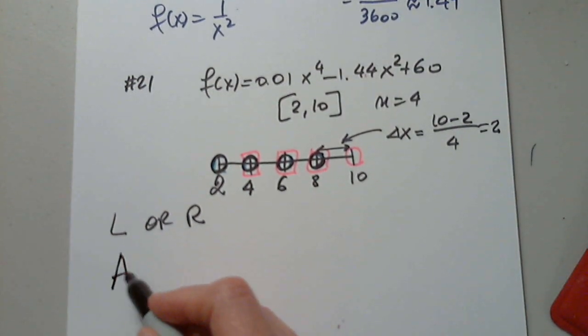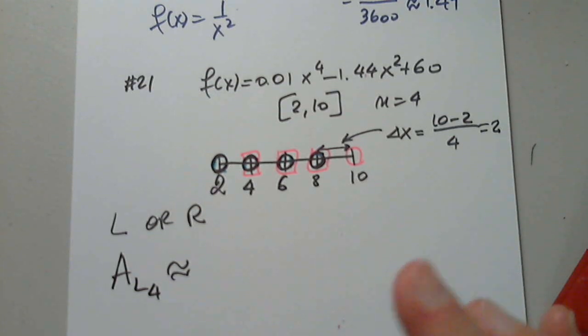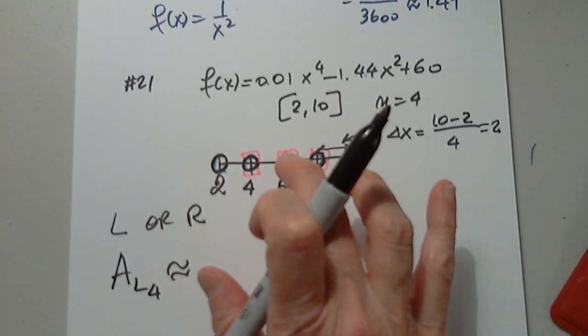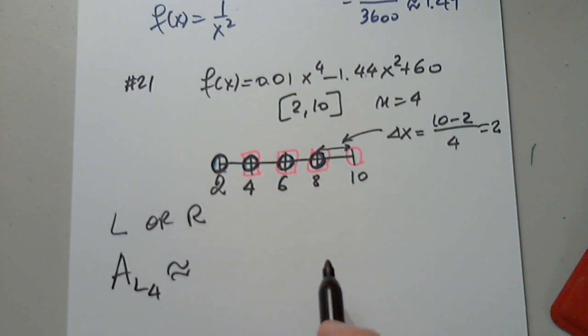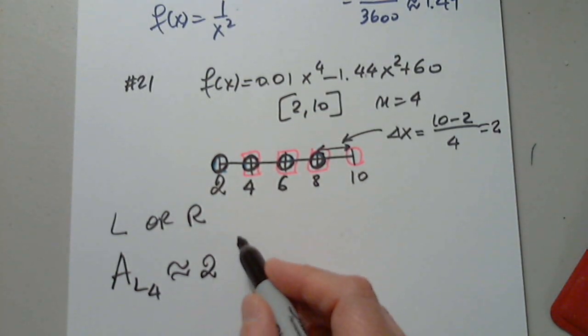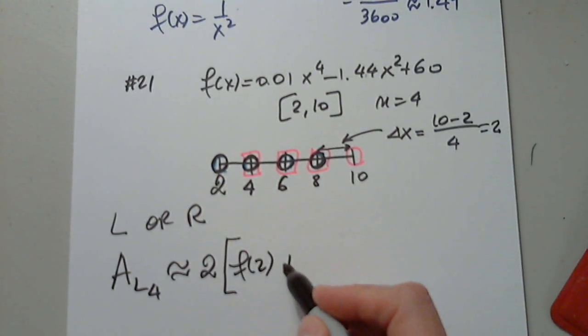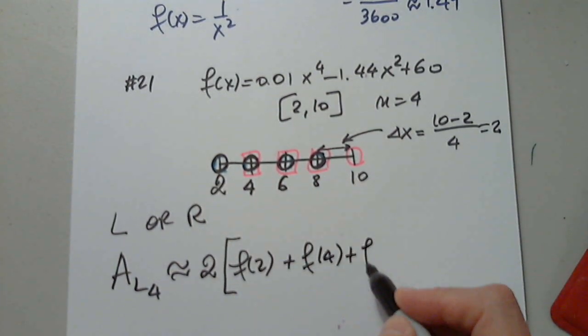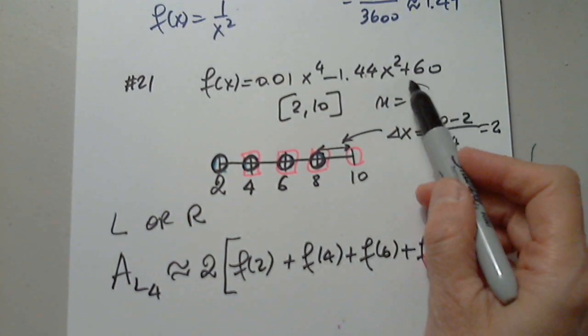So the area with left 4 is approximately, I have to have the base of each subinterval. Base is 2, 2, 2, 2 for all of them. So I will take 2 outside. f of 2 plus f of 4 plus f of 6 plus f of 8. Remember to have only 4.